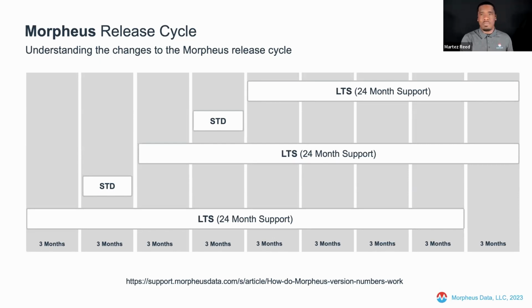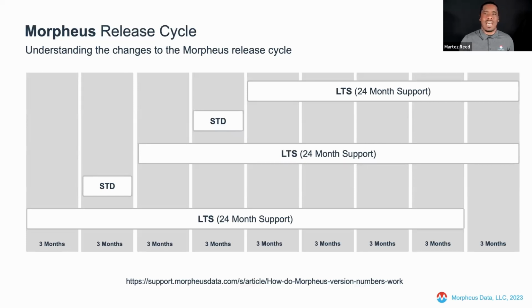There have been updates to the standard release of the Morpheus platform that include a monthly patching process. Previously with the standard release, new versions of a given standard release were distributed when there was a need for that.